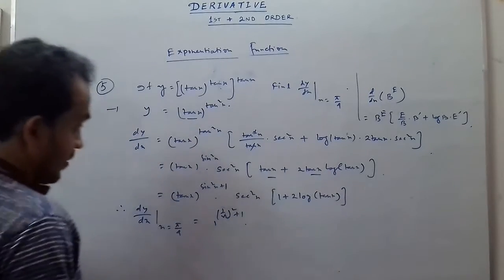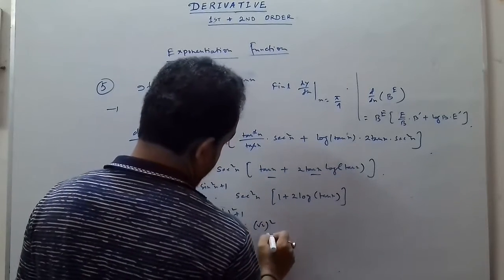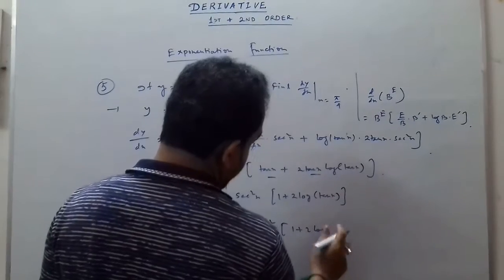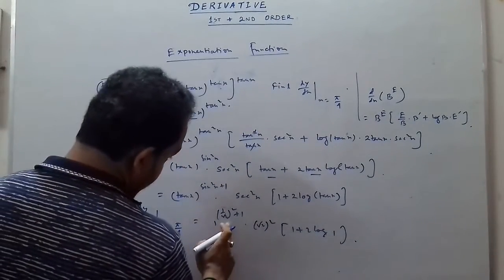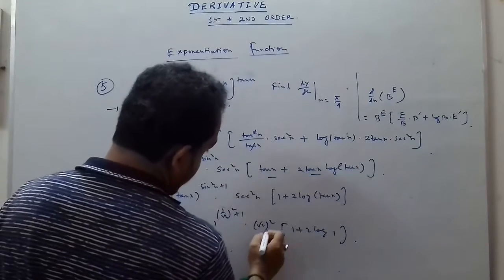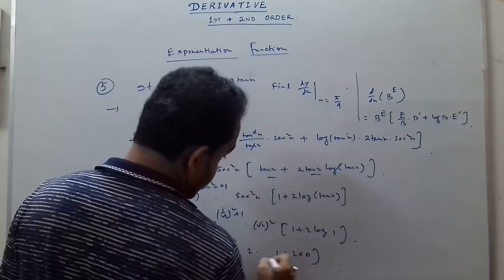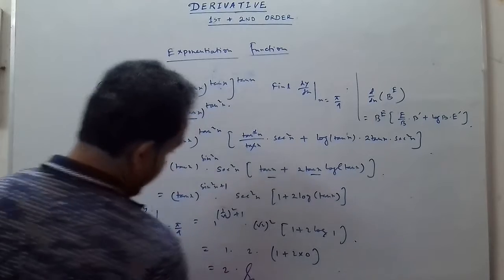Sec pi by 4 means root 2 square, 1 plus 2 into log tan pi by 4, that is we get 1 power half plus 1, power anything is 1, root 2 square, that is 2, and here 1 plus 2 into 0, so we get 2 only. This is our answer.